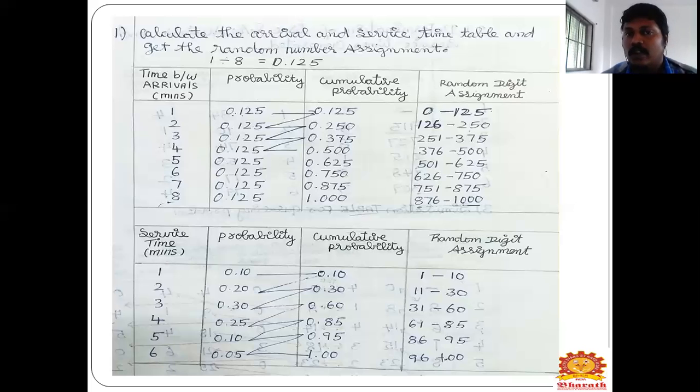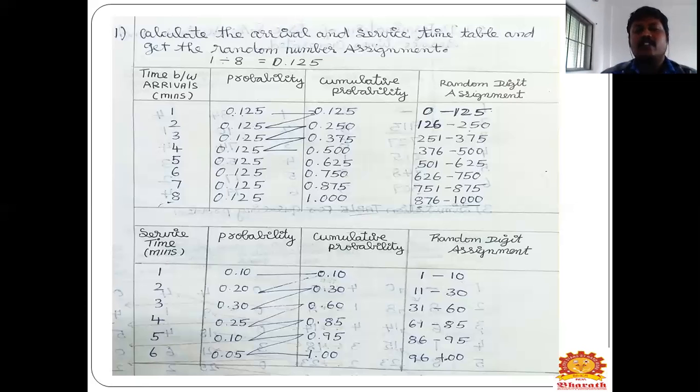After finishing 125, you start from 126, and the second cumulative ends at 250. After that you start from 251. In the same way you calculate all of these, and where one range stops, you start the next one from there.